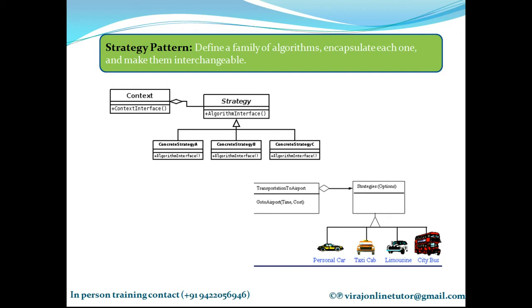The second use case scenario for this pattern is when you need different variants of the algorithm. You don't want to be satisfied with only one sorting algorithm for your vector, but you want many different sorting algorithms implemented, and at runtime you need to select which one to use.